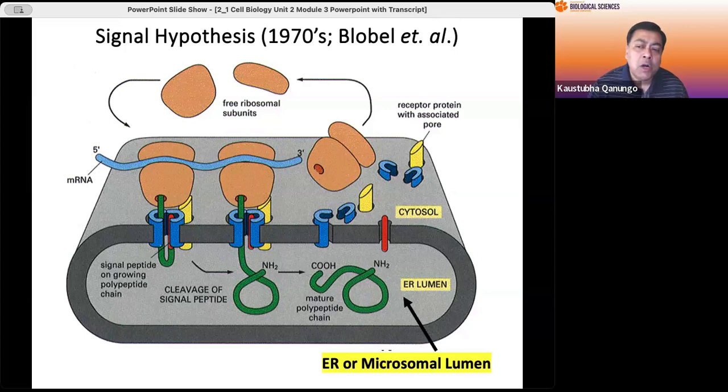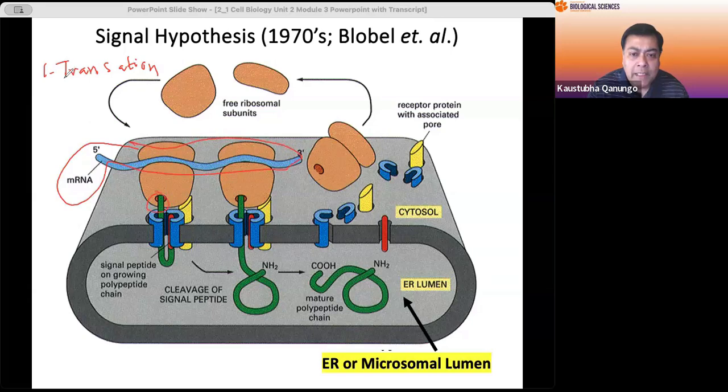Now, here is one of the very important concepts, to make sure that you distinguish between them. Number one is translation. Translation is essentially the reading of the mRNA and making of the protein. Number two is translocation, two different words, so make sure that you pay attention to these.